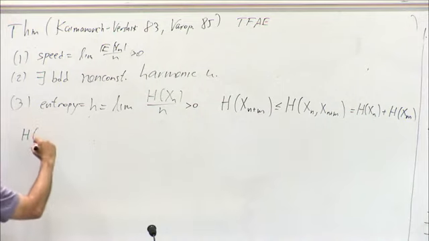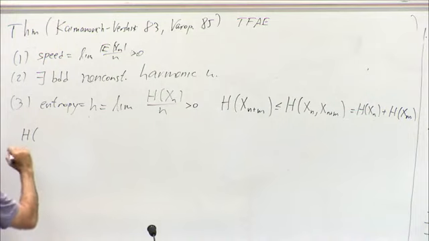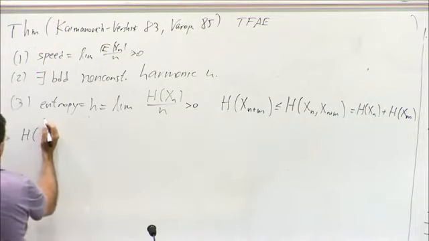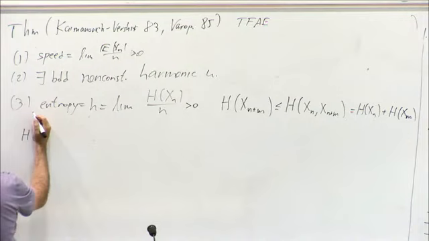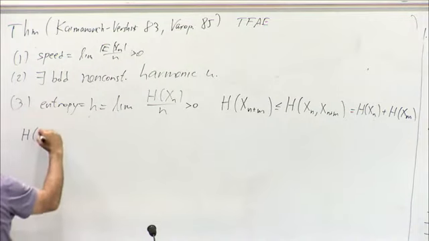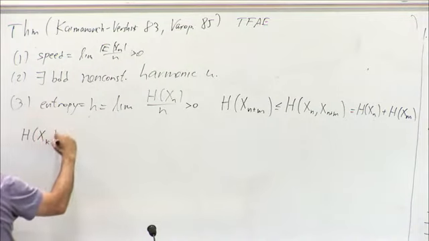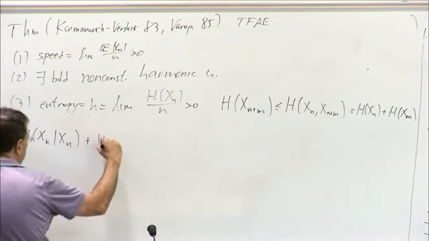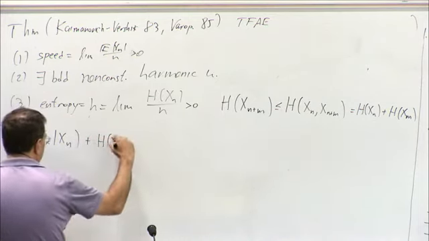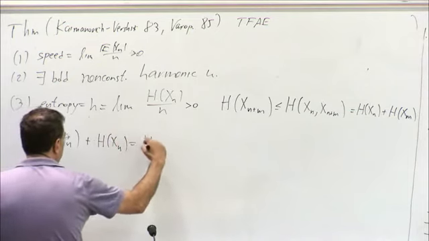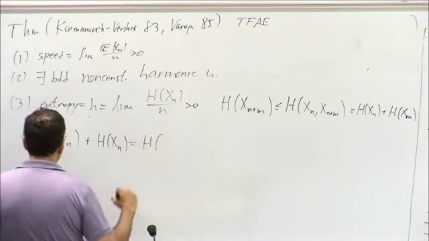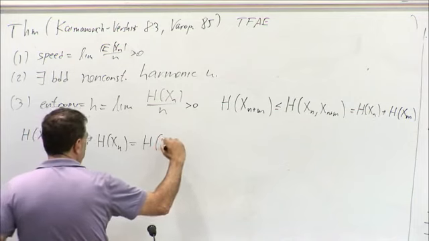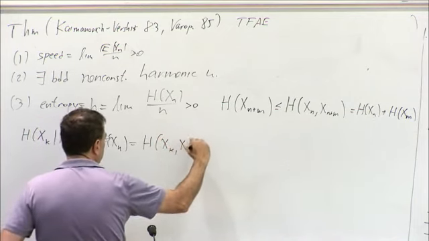I'm going to start with the equivalence of 2 and 3. So let's write h of xk given xn plus h of xn. This equals h of the entropy of the pair, xk, xn. And we also want to write it the other way.